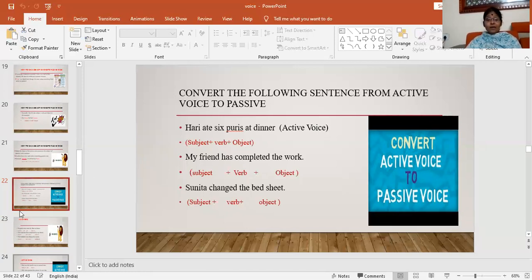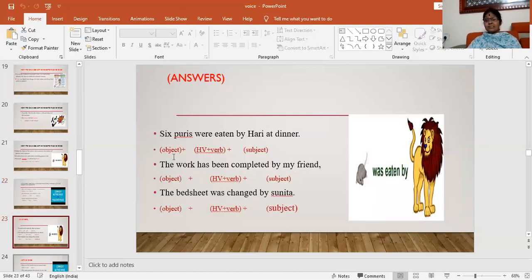Right? If you have done, please check your answer. See, 6 puris were eaten by Hari at dinner. Simply, we brought the object to the subject place and we took the subject to the object place, and eaten, we made it as were eaten. Right? So this is how we convert our active voice to passive voice.